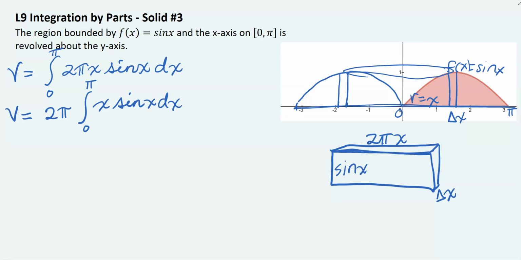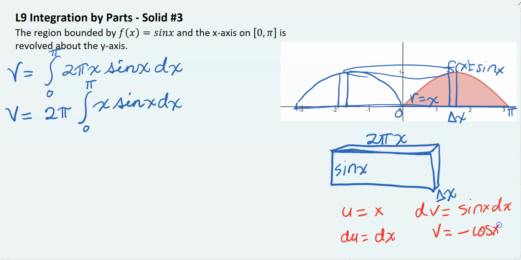So in order to do this, I would say let u be x and dv be sine x dx. Therefore, du will be 1 dx, and v would be negative cosine x.